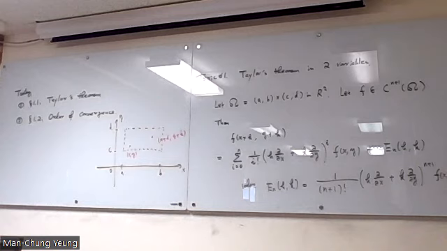Then plug in a point: x plus theta h, y plus theta k. What is theta? We don't know. Theta depends on x, y, h, and k. It also depends on the function. But one thing is sure: theta is between 0 and 1.